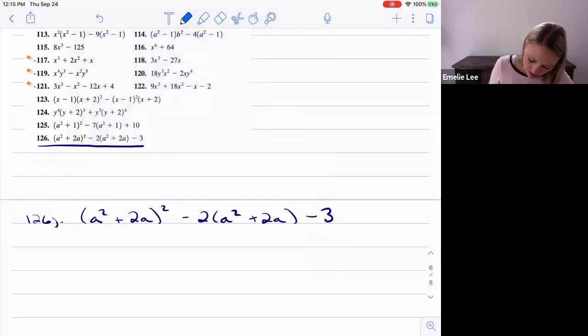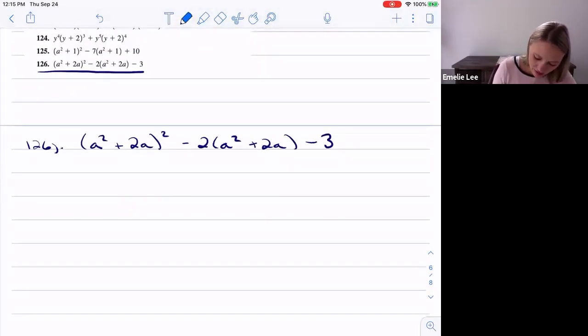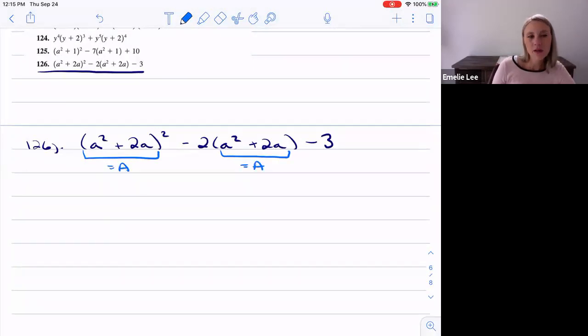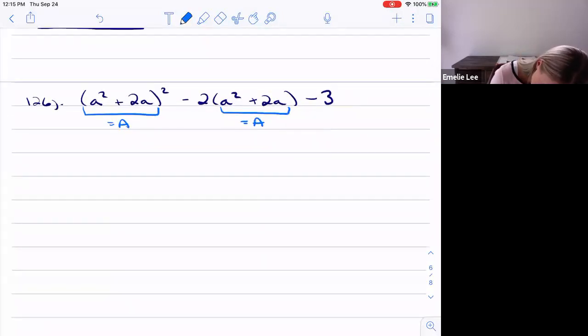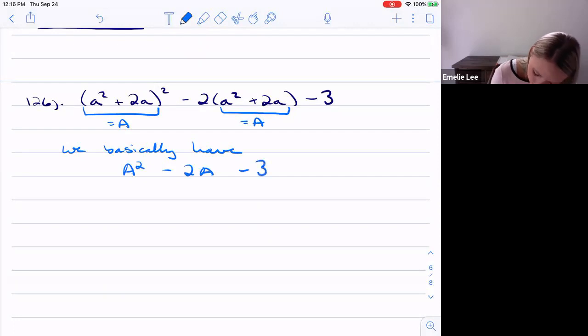So what I'll do is make a note here that if we let this be A, I've essentially got A^2 minus 2A minus 3. We basically have capital A squared, minus 2A minus 3.